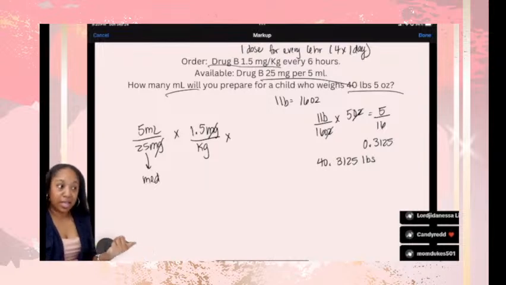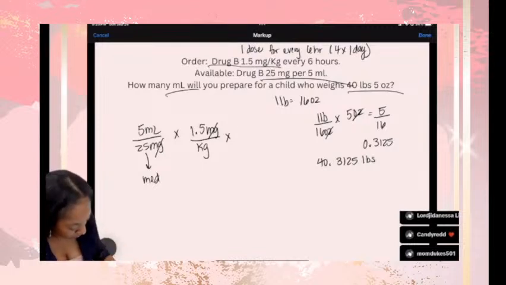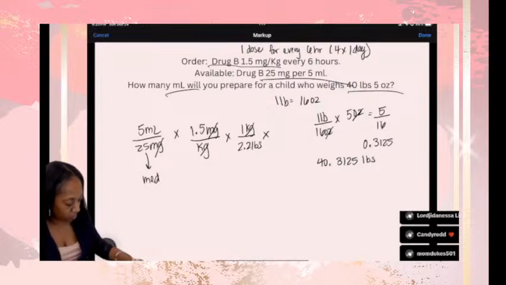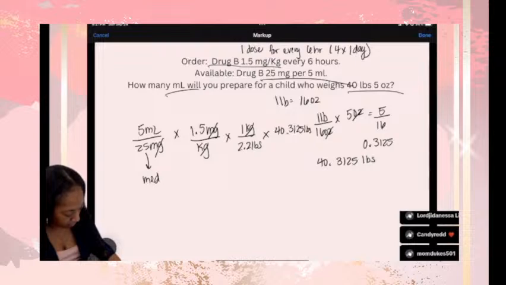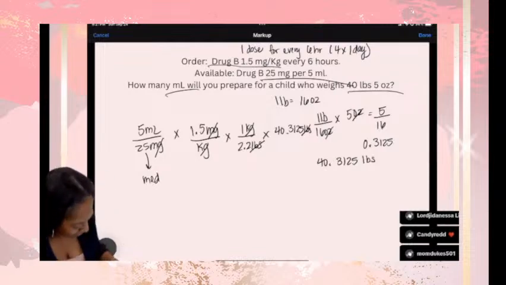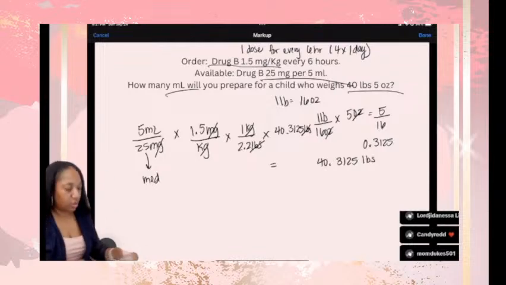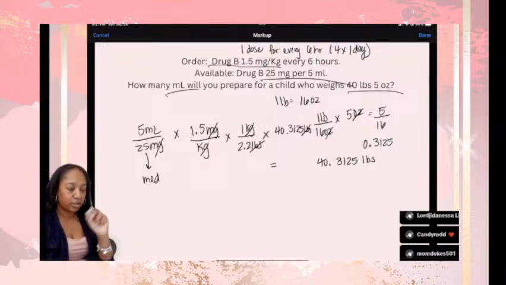We have the weight in pounds. We need our weight in kilograms. So we'll do a conversion. 1 kg over 2.2 pounds. Okay? Now we can use what we found, 40.3125 pounds. I'm running out of space. So crossed out, and then now we have everything crossed out except for milliliters.